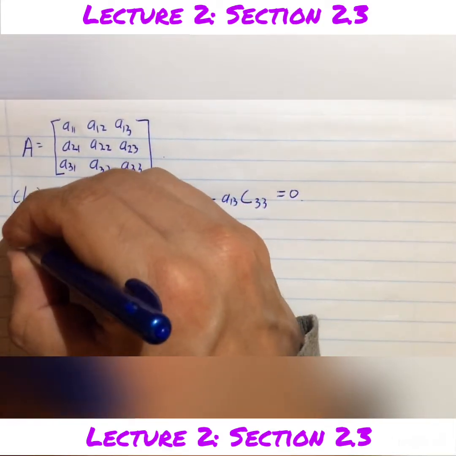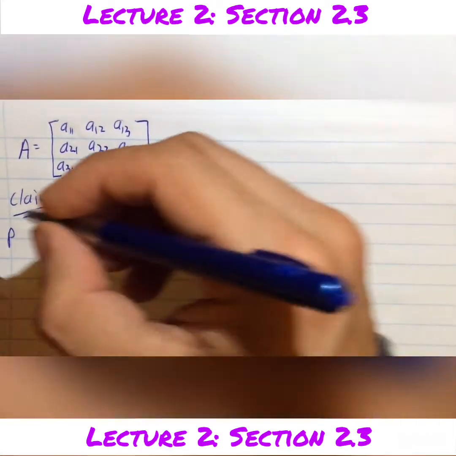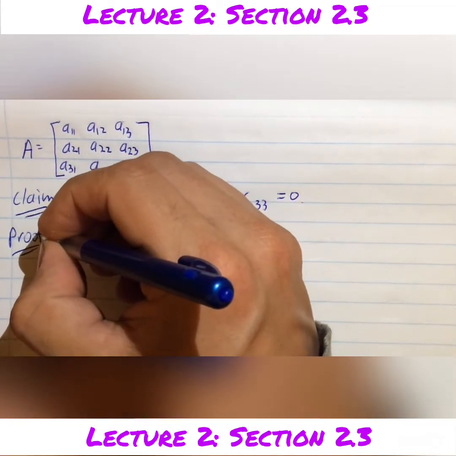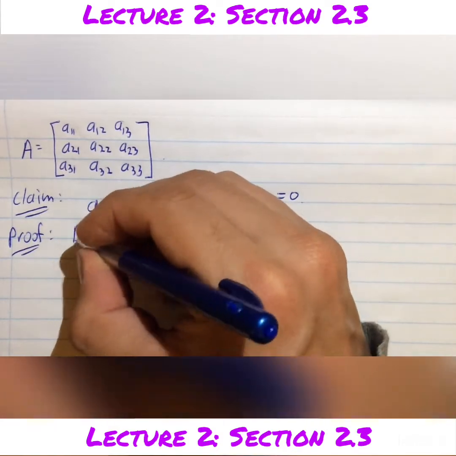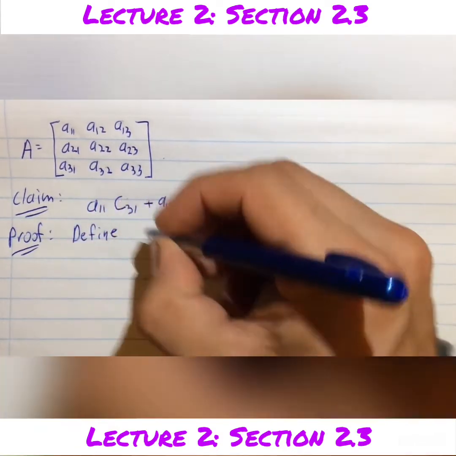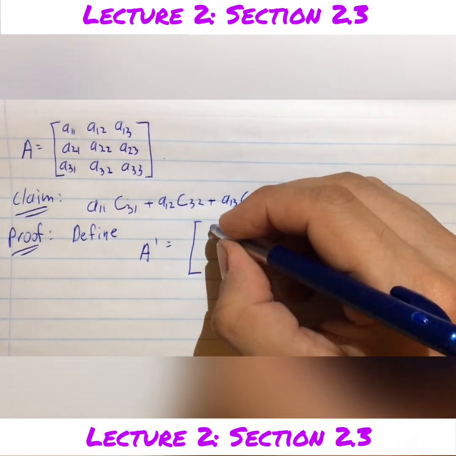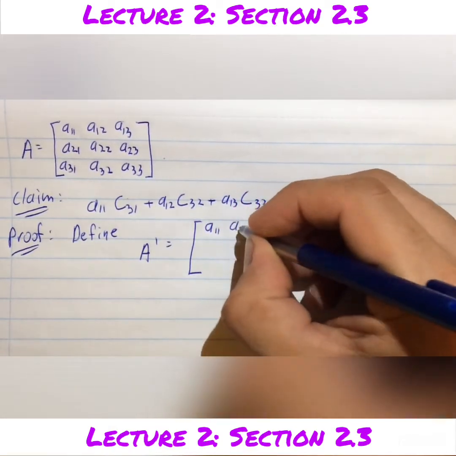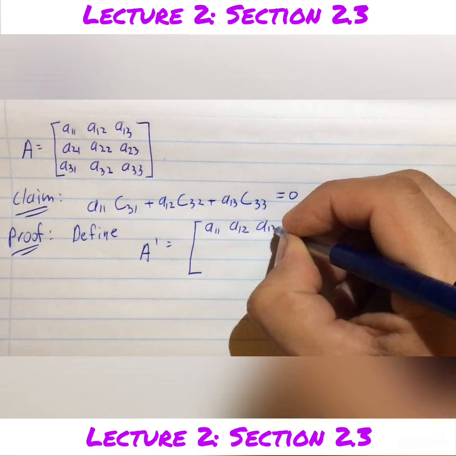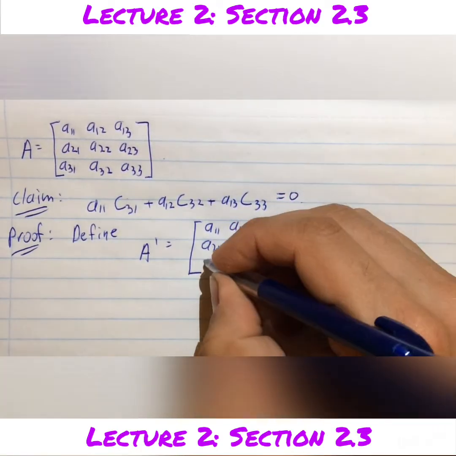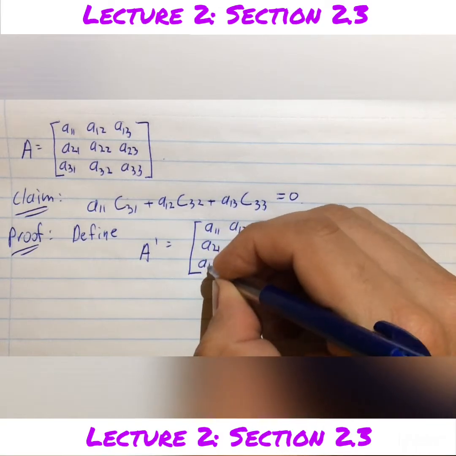And why is this the case? So let's define this new matrix A prime. It's still the old matrix, but the only difference is that we delete the third row and we replace it with the first row.